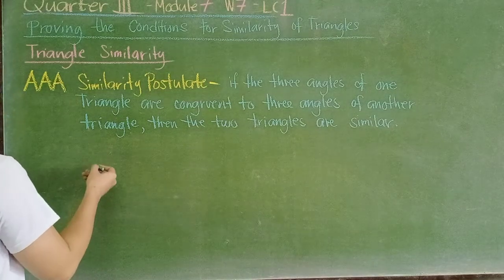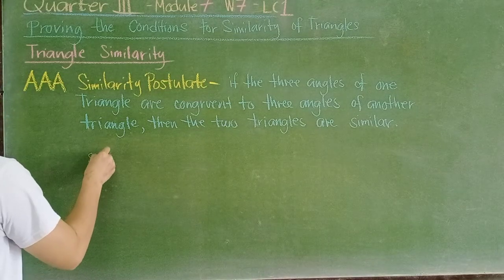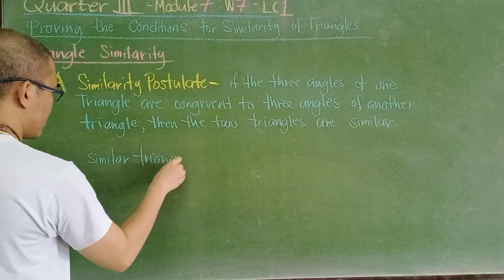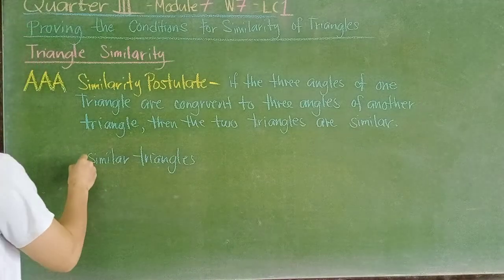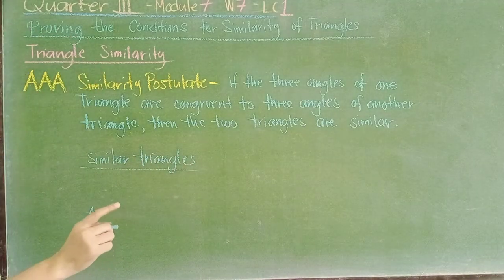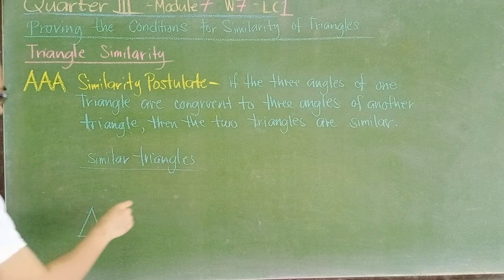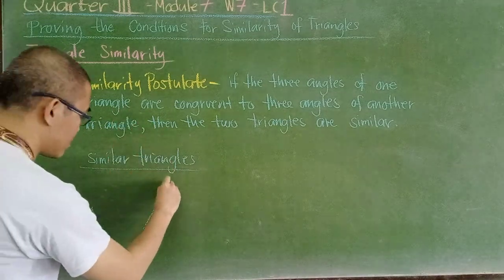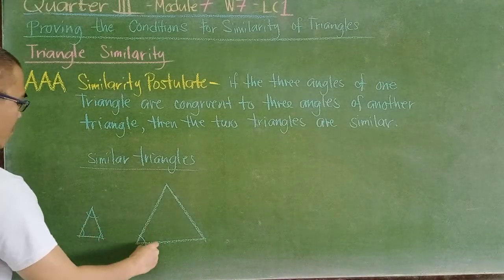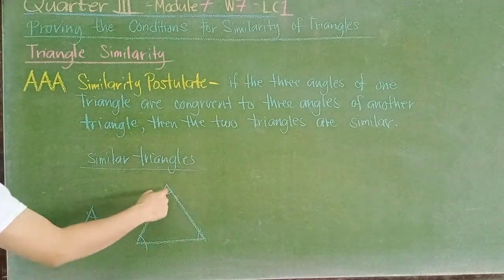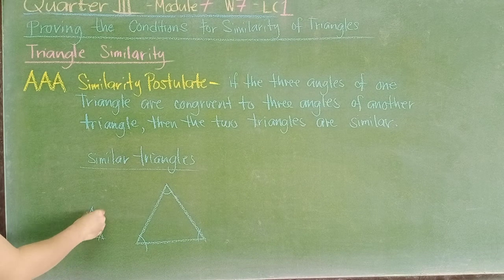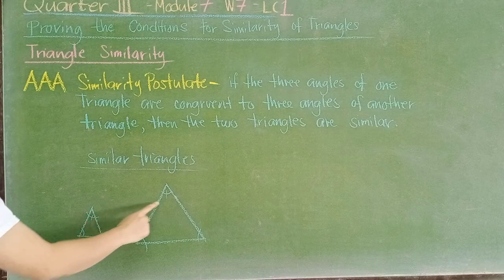So pag sinabing similar triangles, based dun sa definition natin dun sa mga previous video lesson, pag sinabing similar, yung mga corresponding angles nila congruent or parehas ng sukat. This one corresponds to this one, parehas ng sukat nila.